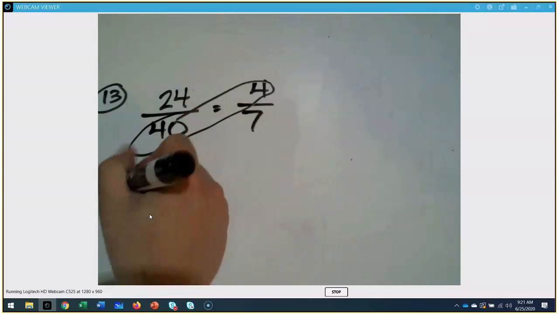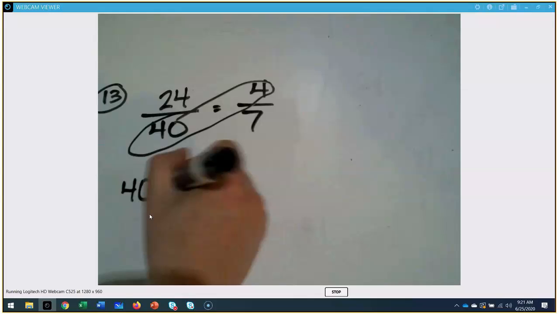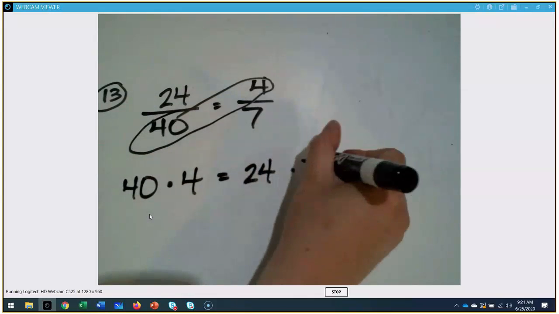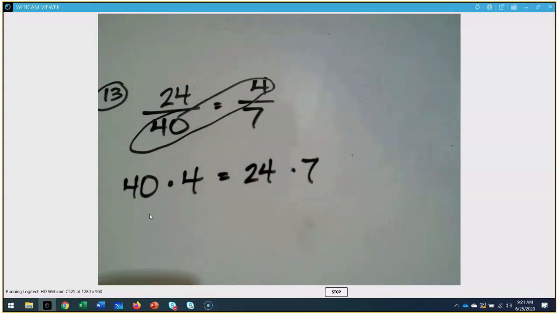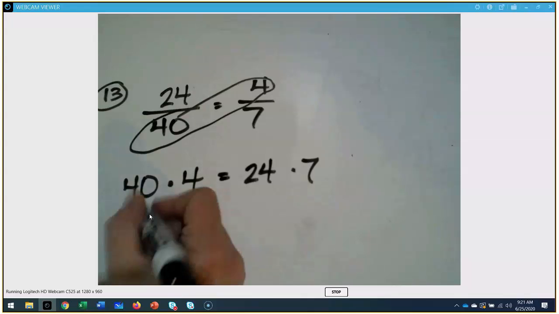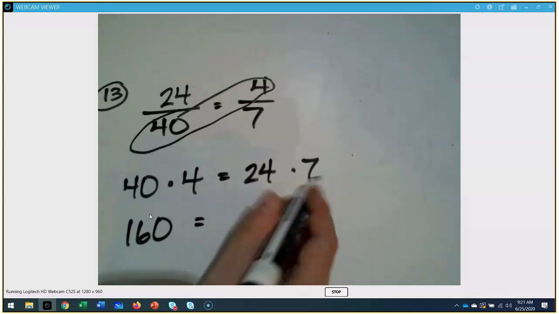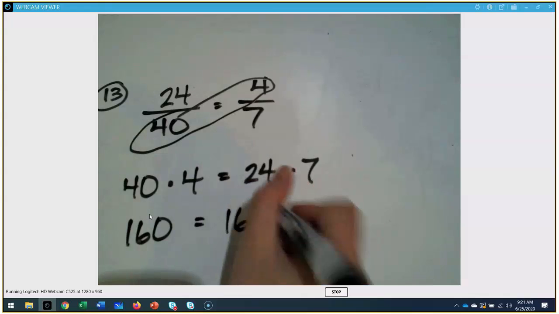40 times 4 should be equal to 24 times 7. Well, this is 160. This is giving me 168.